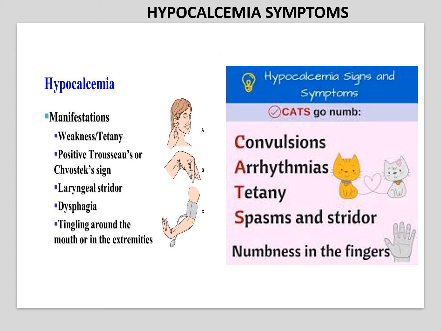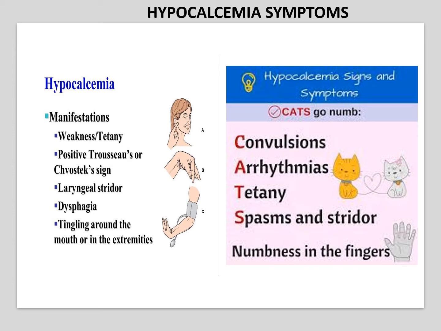Okay? What about chronic renal disease? Well, basically with chronic renal disease, you're not able to activate vitamin D. So without active vitamin D, again, you have reduced calcium absorption from the gastrointestinal tract.